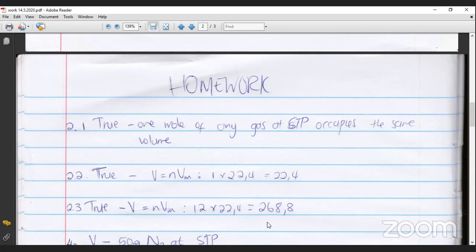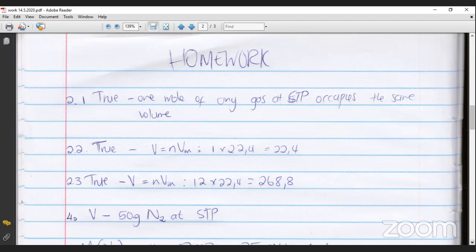So it is true. Number 2.3 says that 12 grams of carbon occupy a volume of 268.8 dm cubed at STP. That again is true because you can just substitute into the formula, n times Vm. This will give you 12 times 22.4, which gives you that answer. So all our answers there are true.